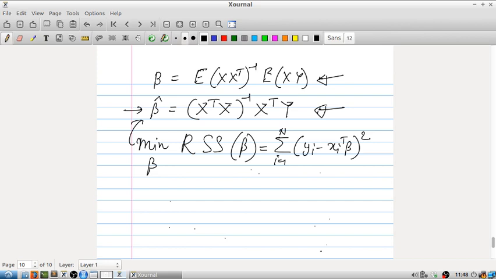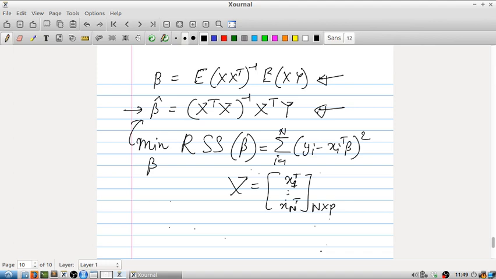This is fine. Now in the last class I said I can equivalently express this in matrix form, and for that I defined the X matrix as the matrix with rows x1 transpose to xn transpose, an n cross p matrix.